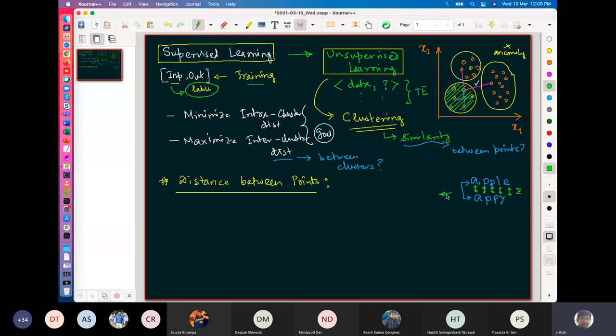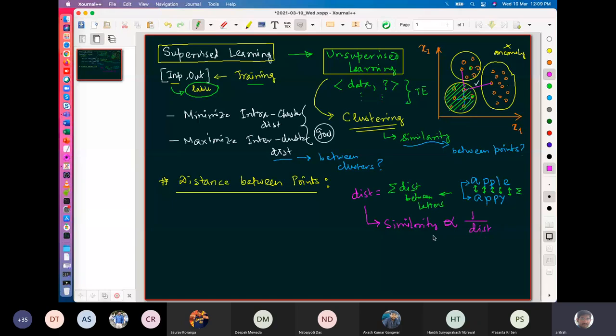So here, particularly for this string example, the distance is the sum of the distance between letters. And obviously, as you can see, if this is the metric that I define as distance, then I can define similarity as proportional to the inverse of the distance.